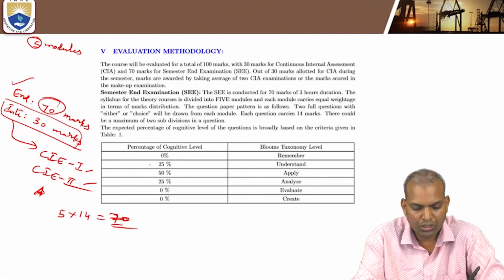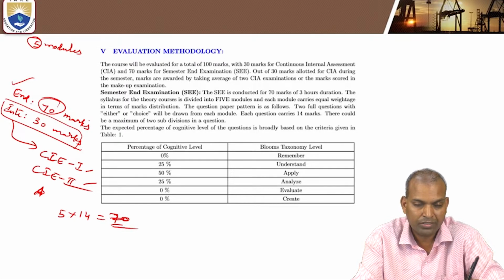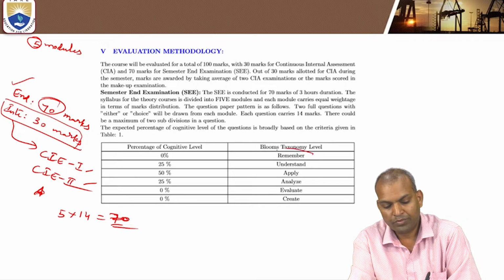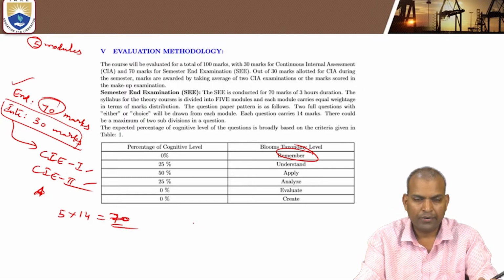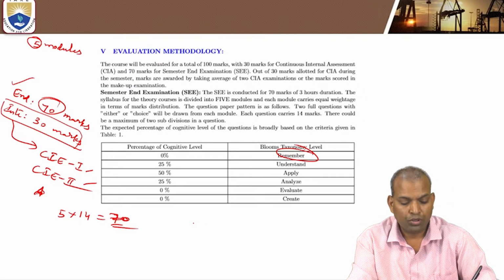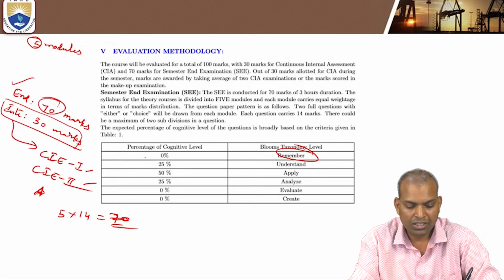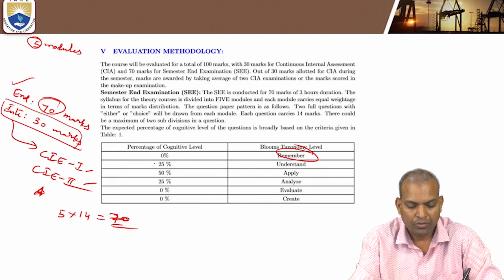Now we'll follow the cognitive level. The percentage of cognitive level for this subject is 0% for the Remember level of Bloom's taxonomy. There are 6 levels: remember, understand, apply, analyze, evaluate and create. Remember is the basic, but since this is a 4th semester course, we'll mostly focus on understand, apply and analyze.